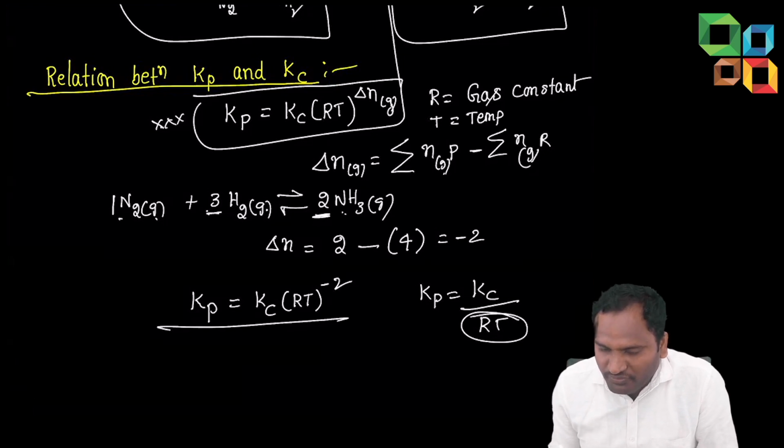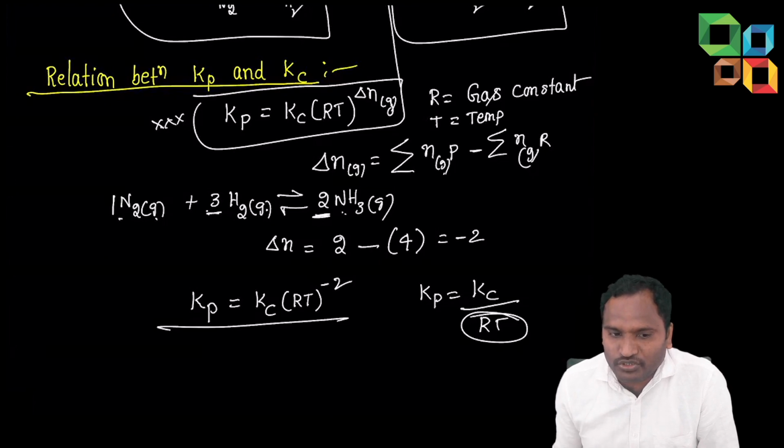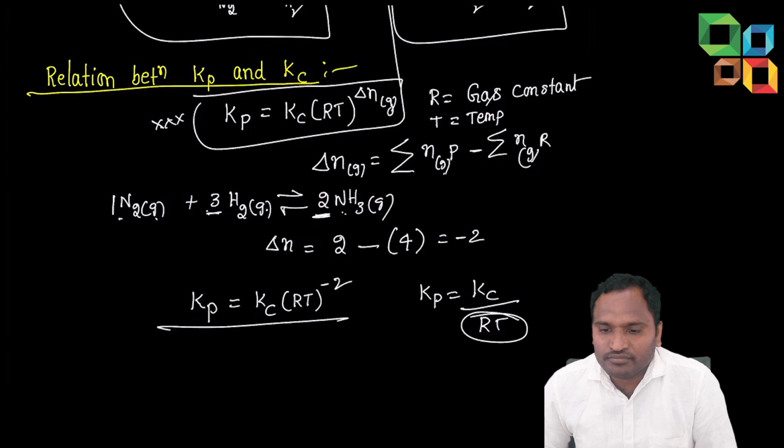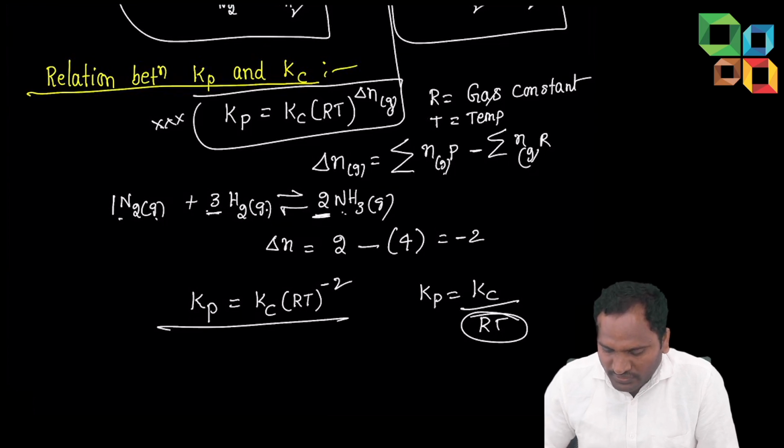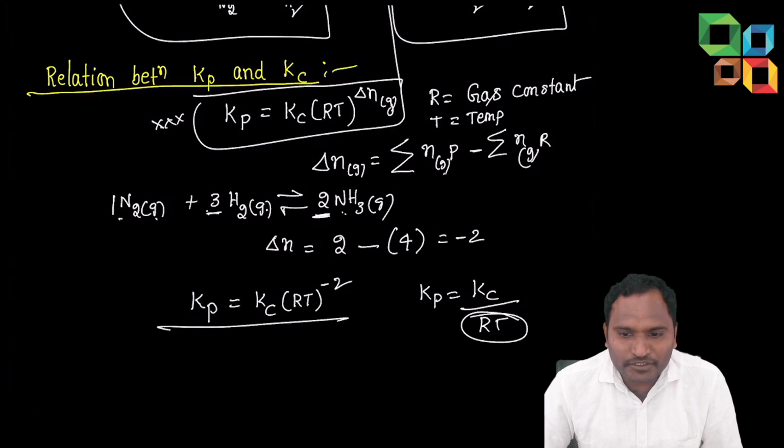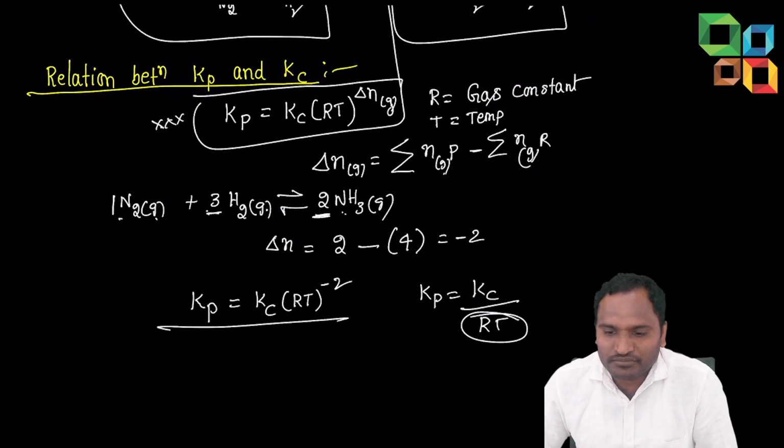I told you these two are constant and positive values only. So after dividing by a certain factor, Kc is equal to Kp, which is more? I think we made a mistake. Kp is Kc into RT power minus 2, no? So Kc is greater.